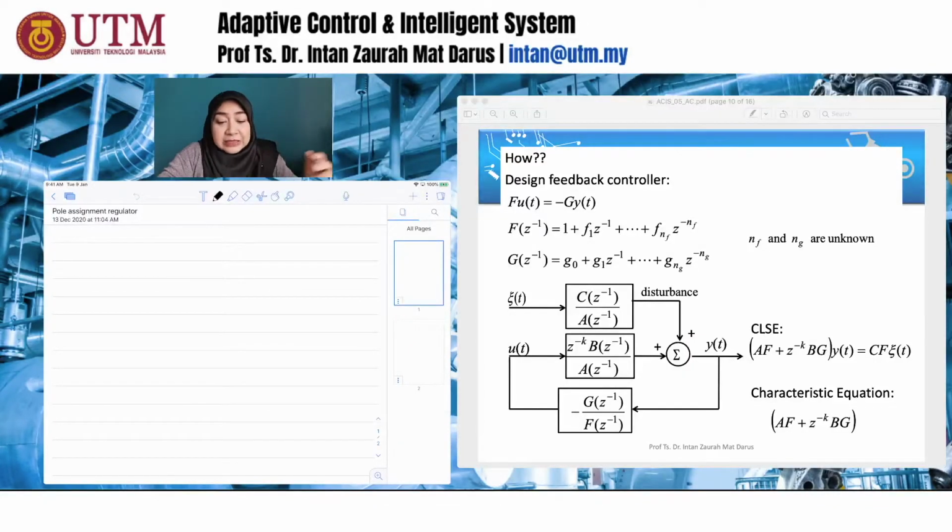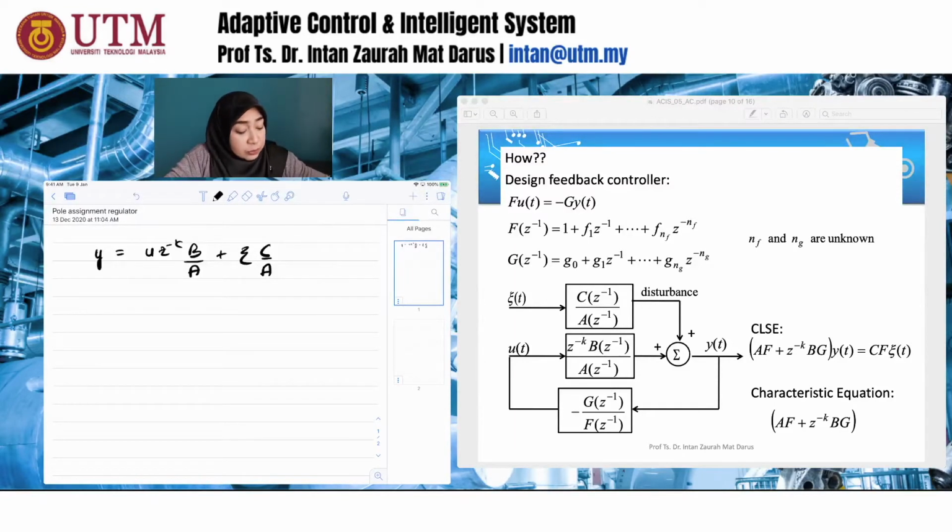Let's have a look at how these are derived to get the closed loop system equation. So we have our y, which is equivalent to the two inputs into the summing point. The first one is u z^-k B over A, and the second one is from your noise, zeta C over A. That's your initial equation for y.